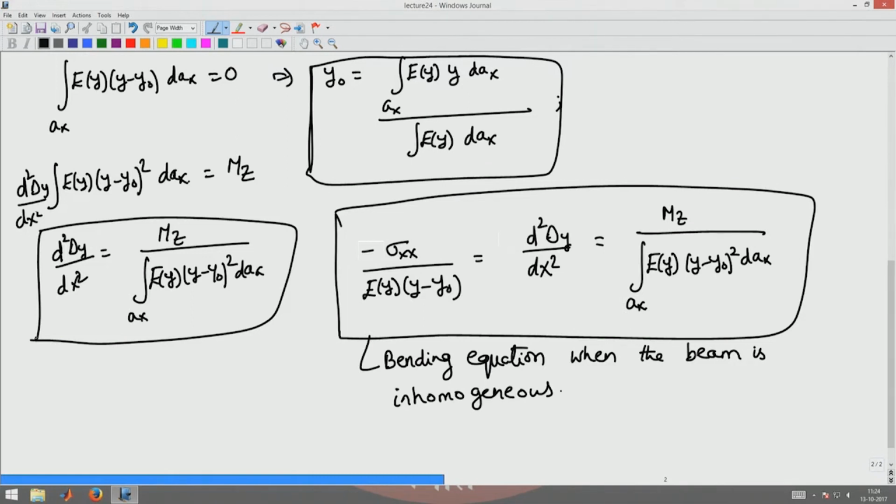Here E need not be a function of y alone, E can be a function of z also, in which case I have to integrate appropriately accounting for the fact that E is a function of y and z.